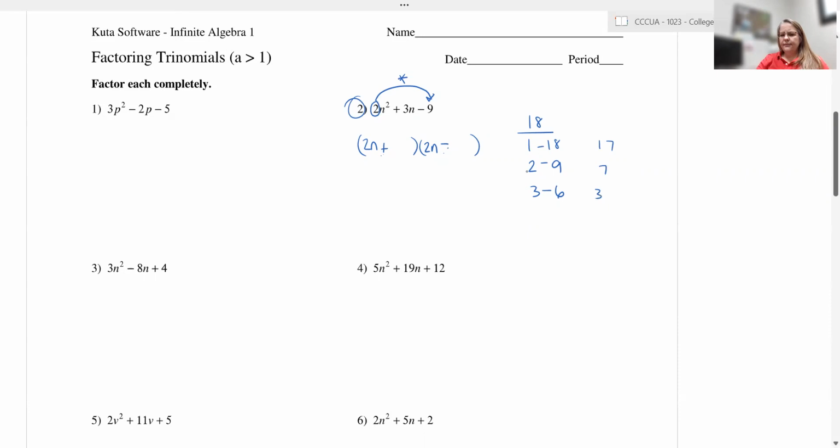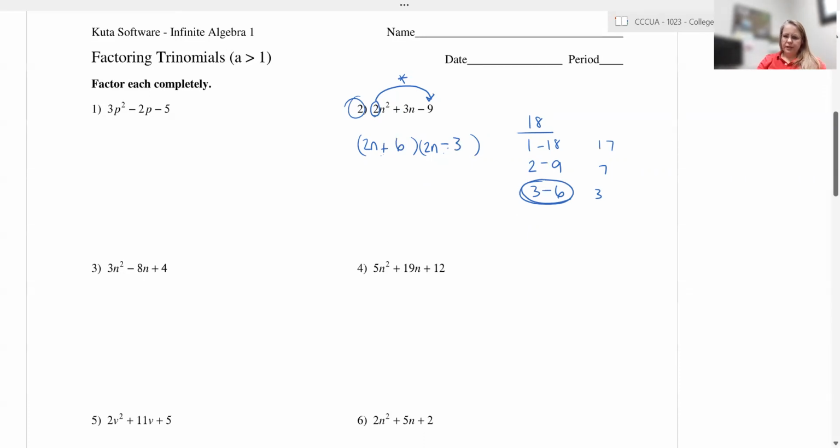And I want the factors that have a difference of 3. And because my 3 in my trinomial is positive, my bigger factor goes with the plus.